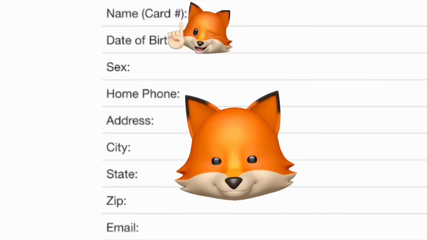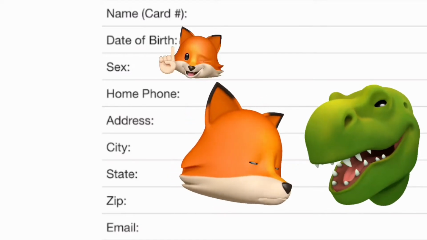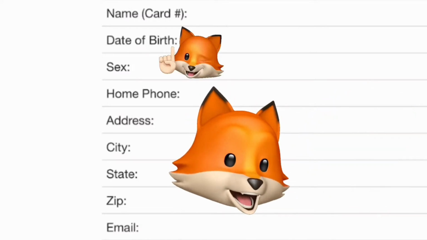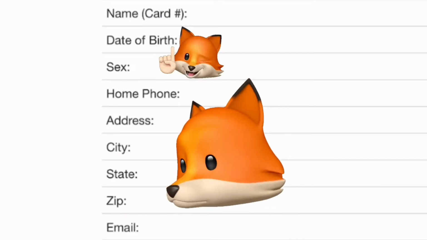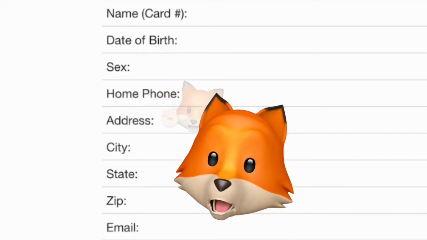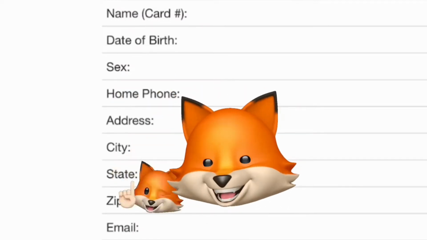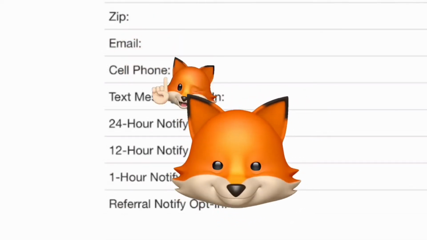So here, we can change the name, we can change the date of birth. We're gonna keep going. Sex, home telephone number, address, city, state, zip code, email, and cell phone.